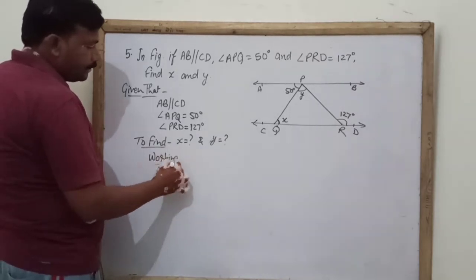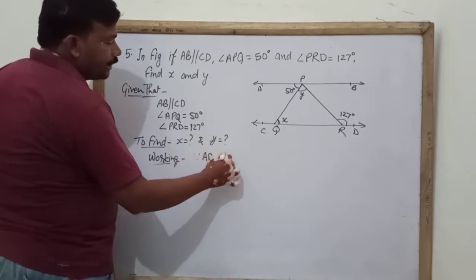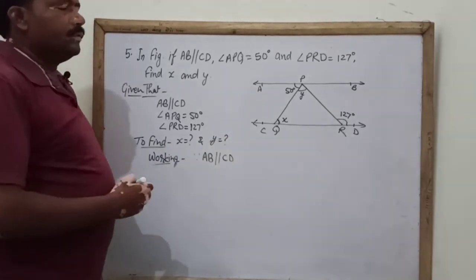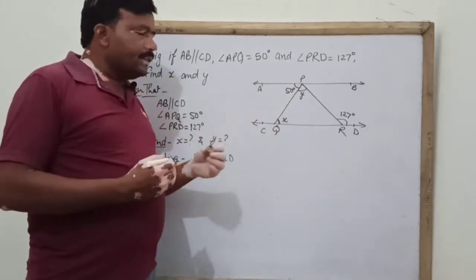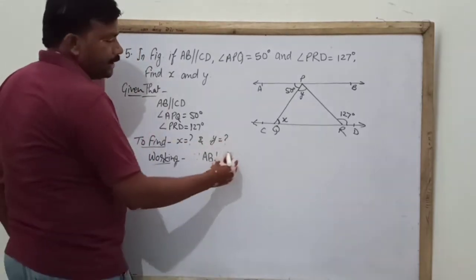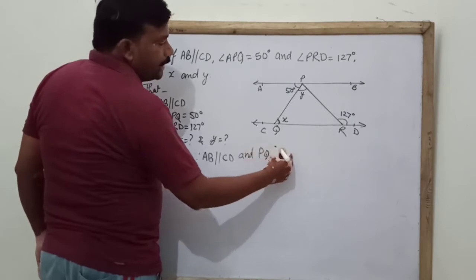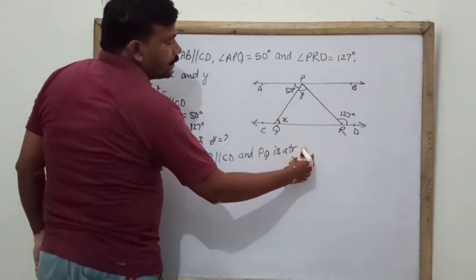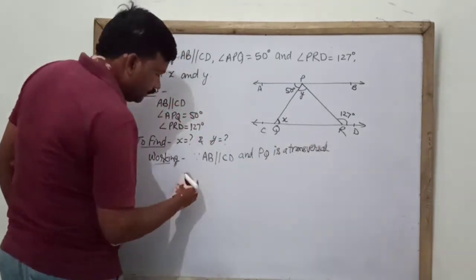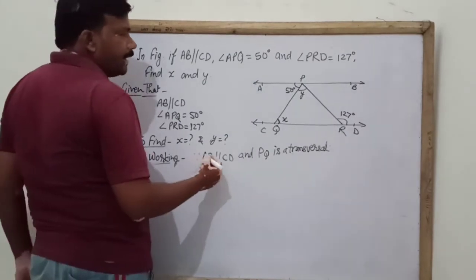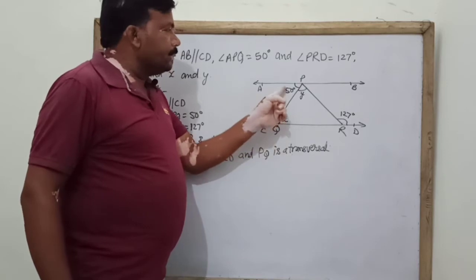What is the working? Since AB parallel to CD, if we take this line, this line is a transversal. PQ is a transversal. So we can write here these two angles. What relation between these two angles?